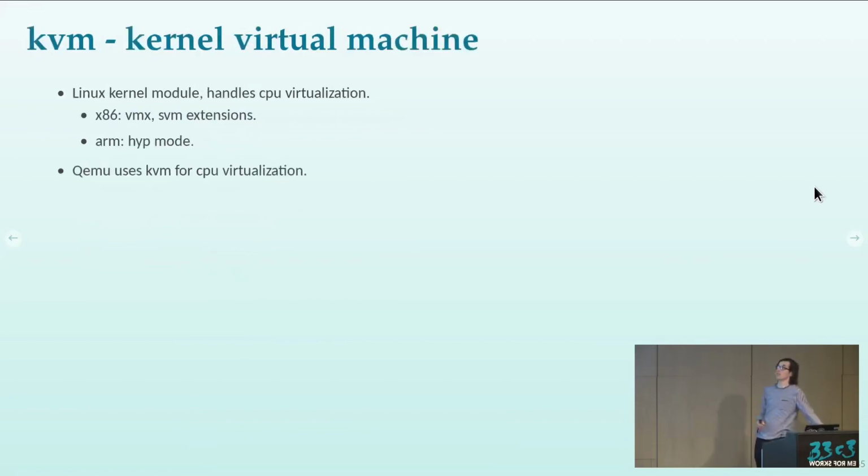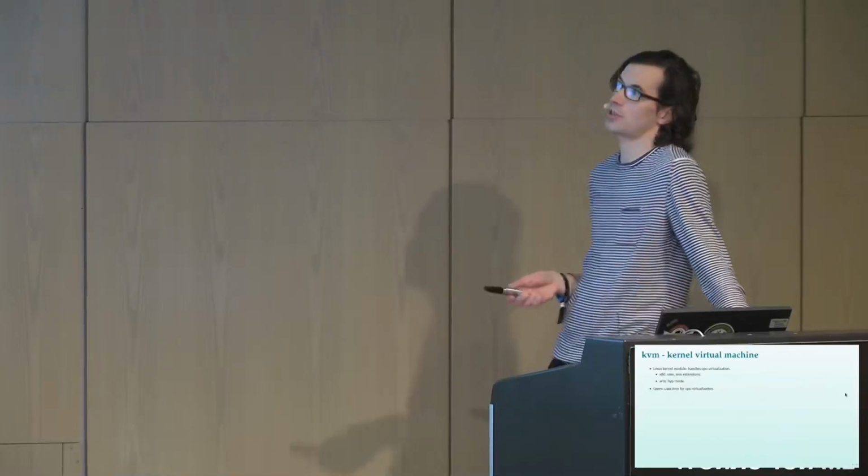Next one is KVM. That's the kernel virtual machine. That's a driver for the Linux kernel, which provides applications access to the virtualization extensions available in modern CPUs. On the x86 architecture, those are the VMX extensions on Intel processors and SVM extensions on AMD processors.